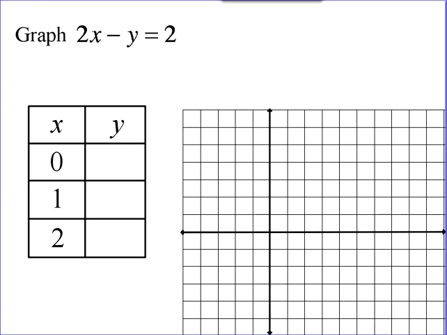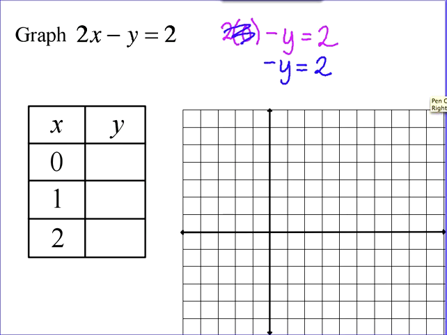So x is 0. I'm going to plug 0 in for x. So I end up getting 2 times 0 minus y equals 2. What's 2 times 0? 0, which means it's not really there. So I end up getting negative y equals 2.